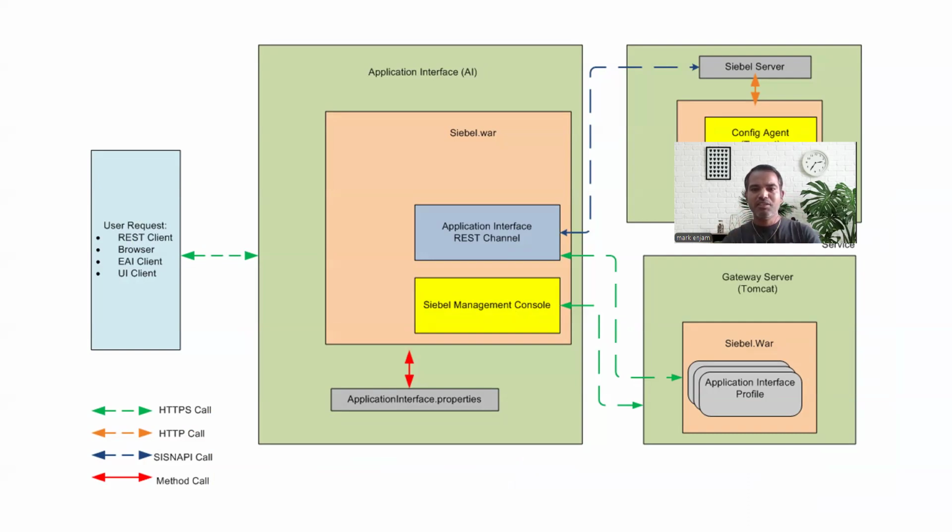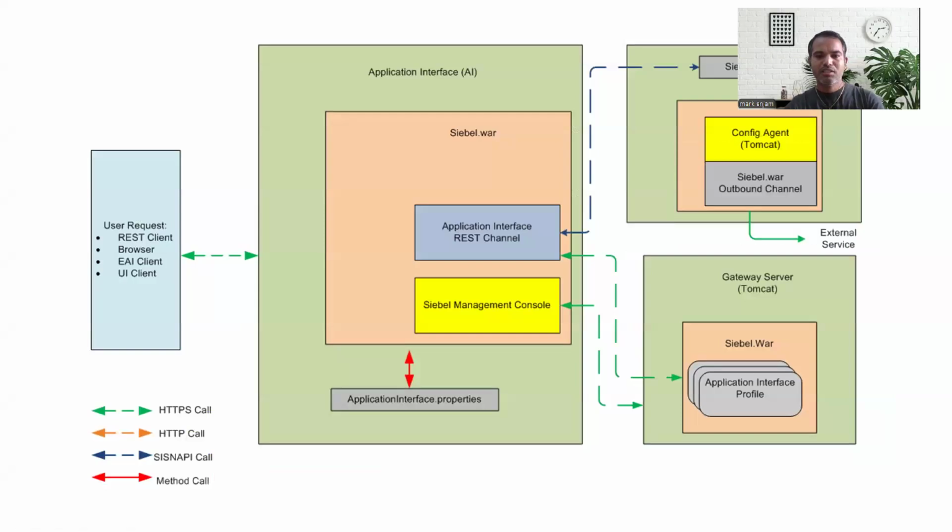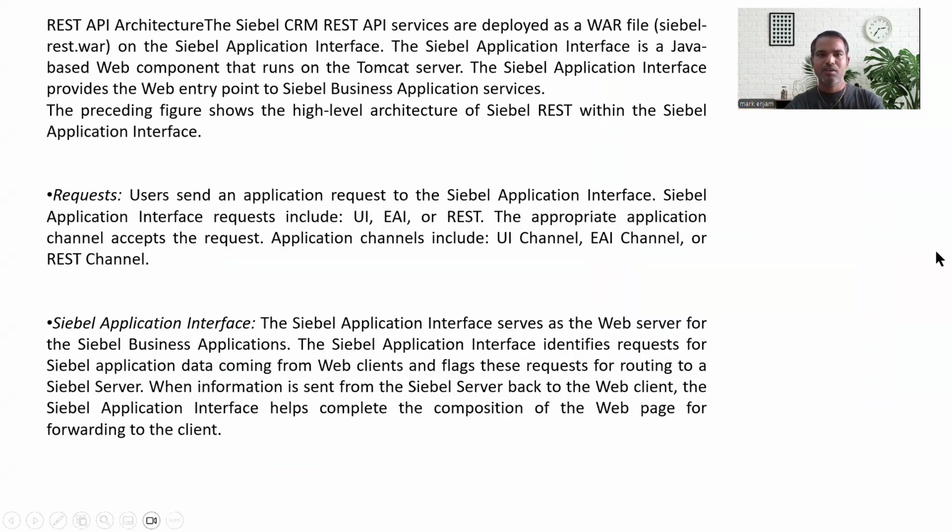In the application interface, it passes the HTTP call, and the SMC console represents the server where the Tomcat application interface is, and when the browser calls the request, the method call with authentication happens and passes the request.